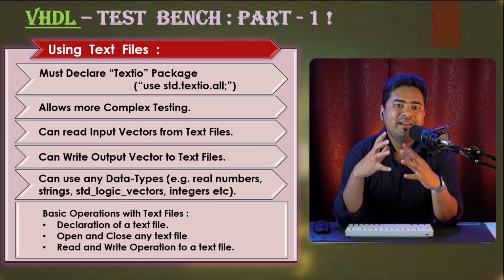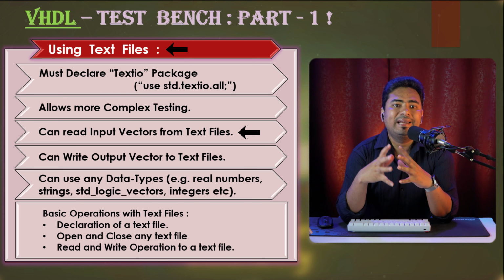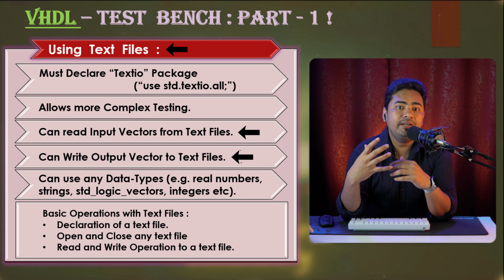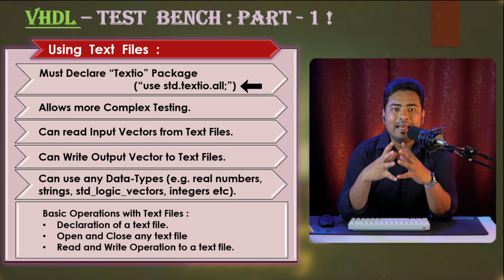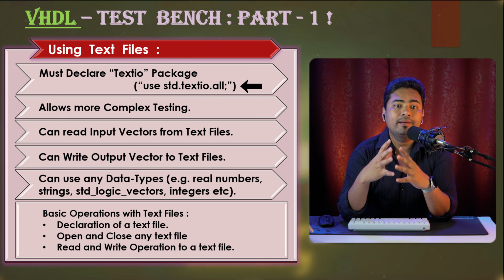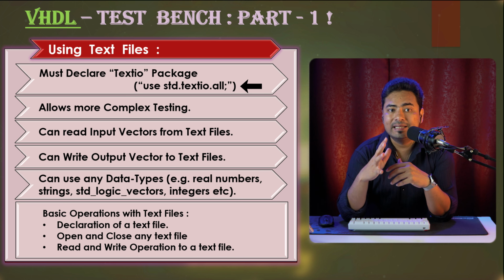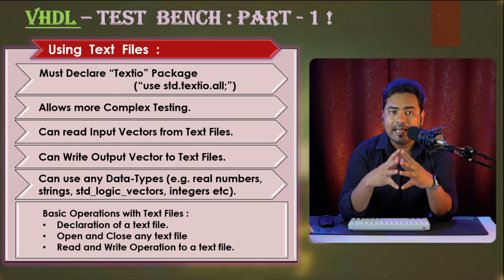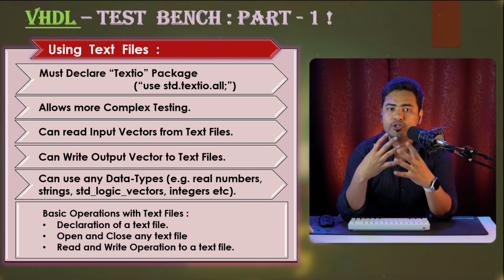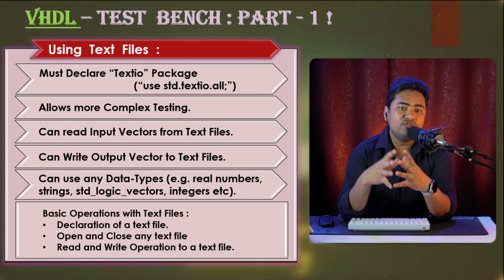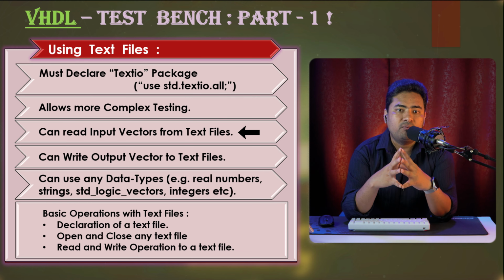Now, as I said, test benches can also read a text file or even write into a text file. For that, first we will need the library std, and we need to declare the text IO package from this std library. Then you can use a text file to read data from it or to write data into it. So we can store a set of inputs into the text file. Then the testbench will read this file line by line and perform the task on these sets of inputs.